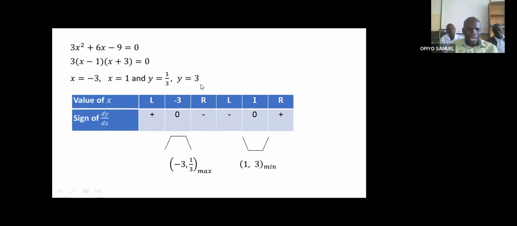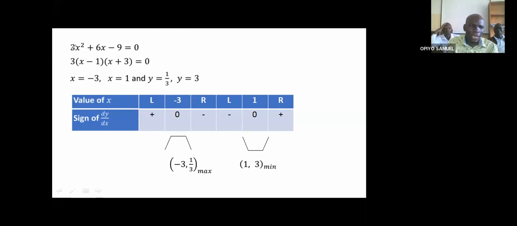Now we need to go ahead and determine the nature of the turning points. Here we have 2 turning points. So we determine the nature of the turning points. Like for the first case, which is -3, and then y being a third. When you are determining the nature of the turning points, it is sufficient to use this equation, since this is the simplified form we got after differentiating.